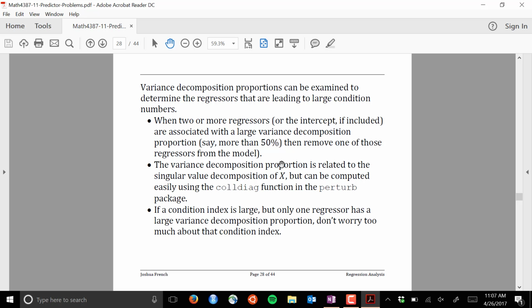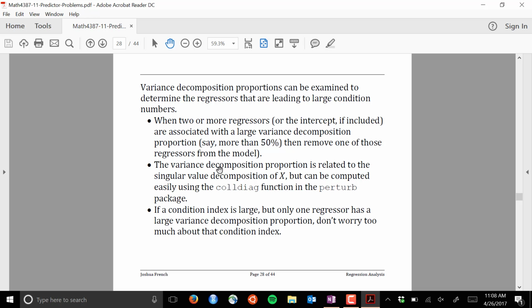For each one of the large condition indices, you're going to look at the variance decomposition proportions. And if you have two or more regressors that have large variance decomposition proportions, like say more than 50%, then you should probably remove at least one of those regressors from your model, because essentially those regressors are playing the same role. They're highly correlated with one another. They're linear combinations of one another.